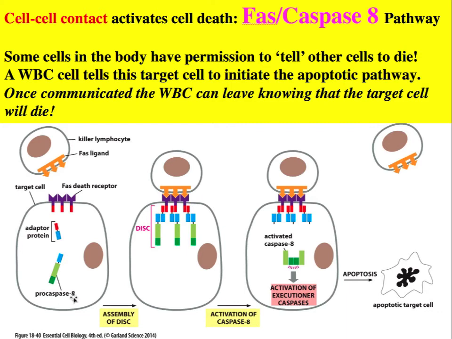And in this case, it's called procaspase 8. And binding to procaspase 8 will cause the procaspase 8 to become a caspase 8, indicated here. And that will then initiate a set of executioner caspases and lead to cell death.